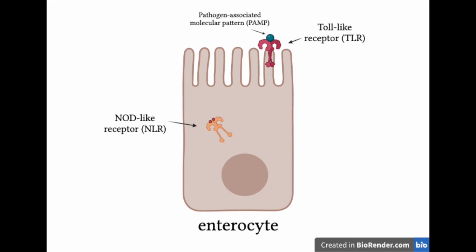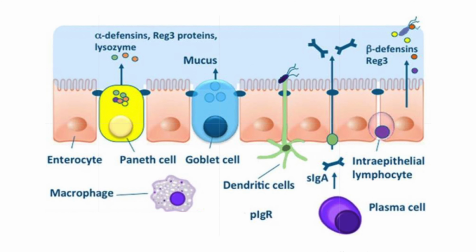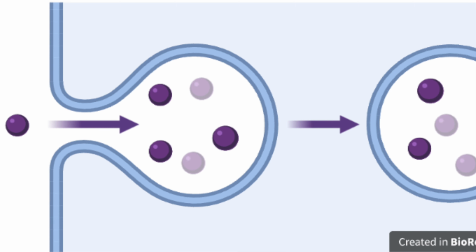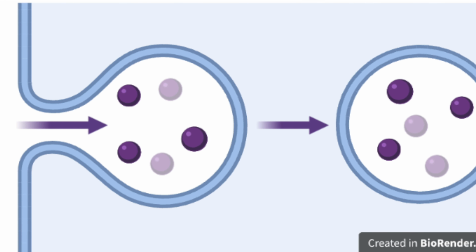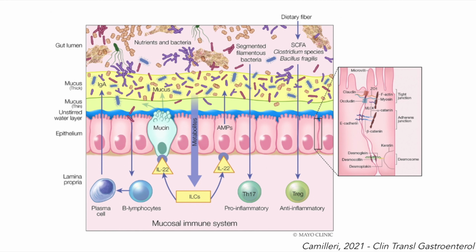These receptors activate defense mechanisms by secretion of antimicrobial peptides. IECs can also phagocytose bacteria and sequester and neutralize bacteria and toxins, and they communicate with underlying immune cells to regulate inflammatory response against bacterial toxins.